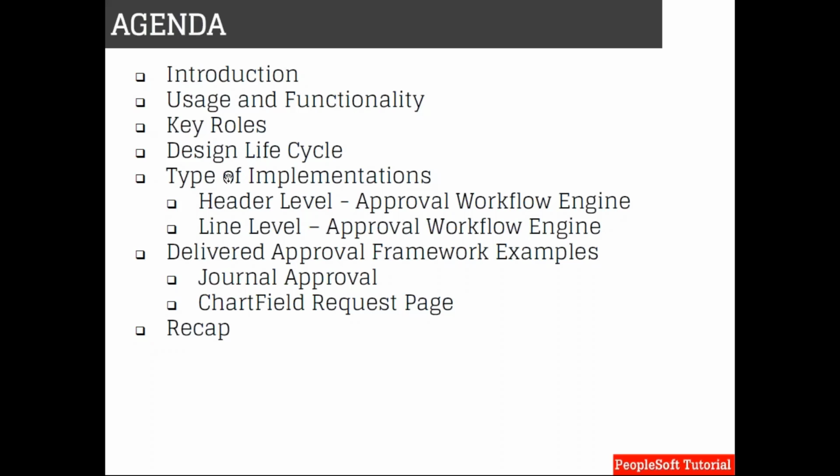Then we'll discuss two types of implementation, header level and line level. And then we will see some of the approval framework examples delivered by PeopleSoft. We'll try to cover journal approval and ChartField request page.